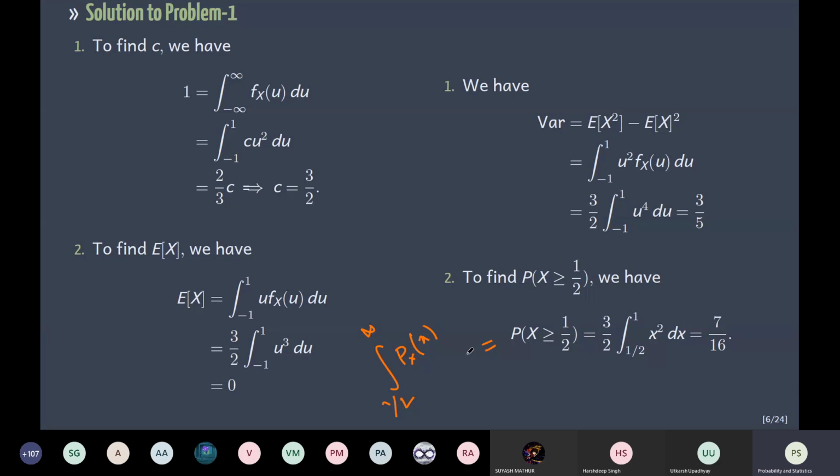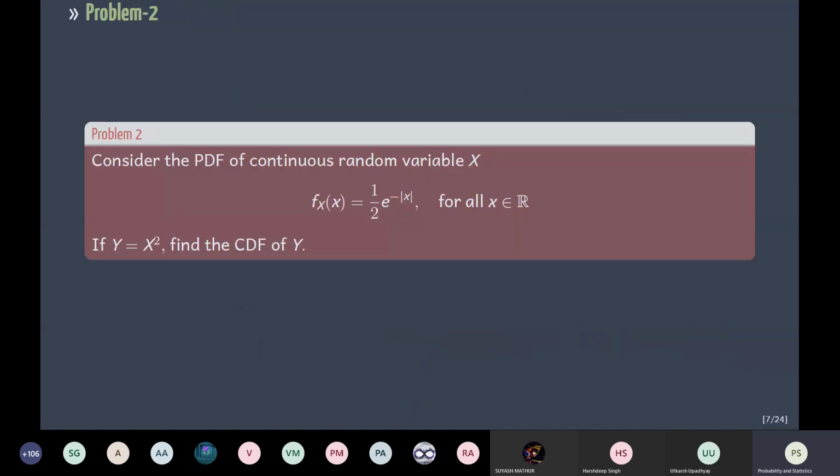We know that the range of x is up to 1, so the upper limit became 1 instead of infinity. The PDF of x was c times x square, but c was 3/2. If we put in all the values, we get 7/16. That's how we compute the probability.